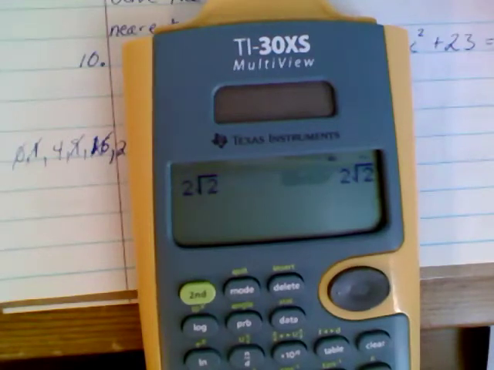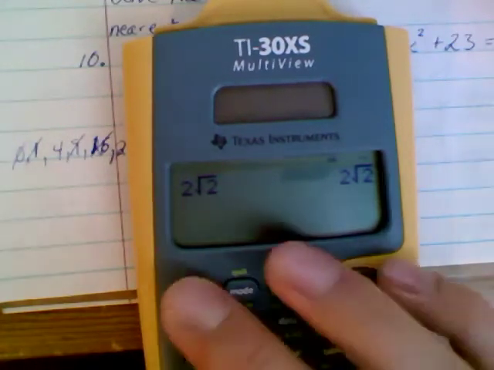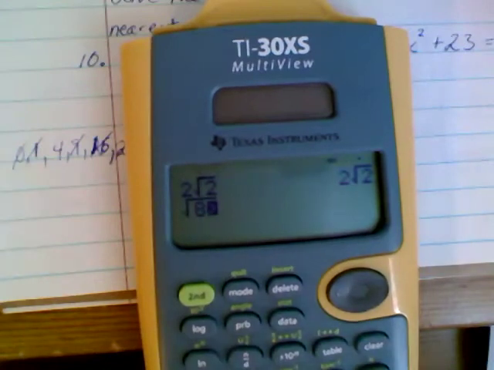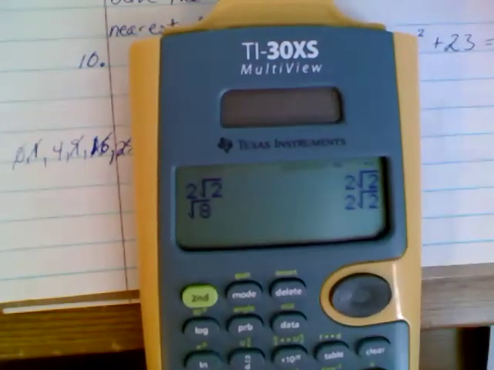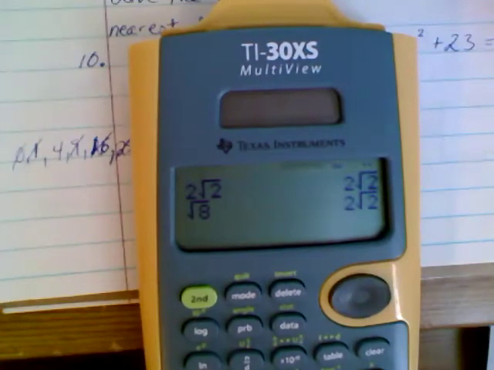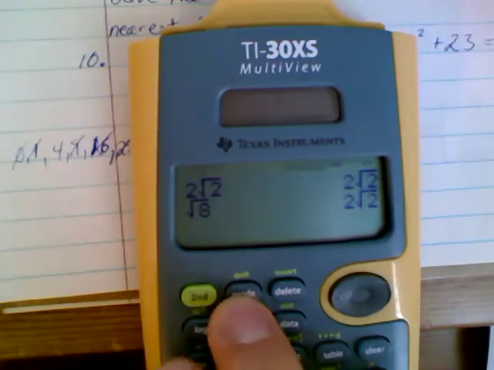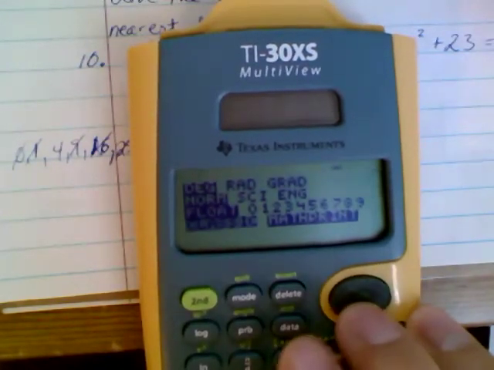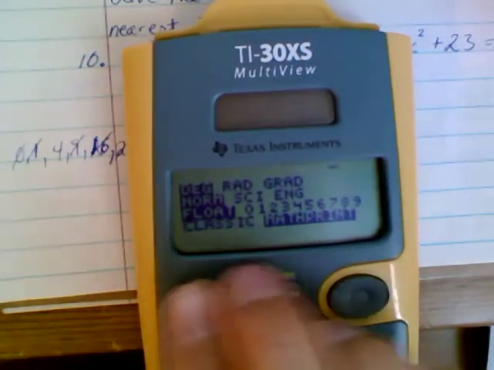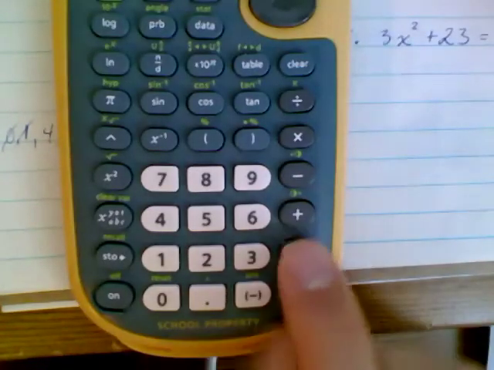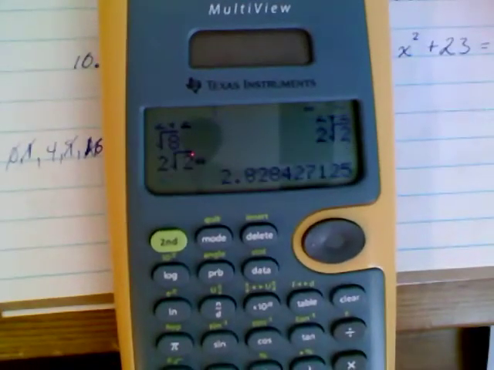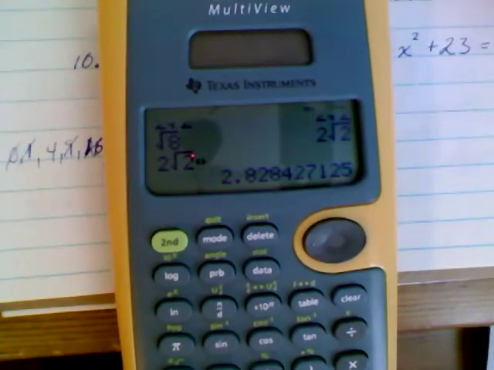You see how it just told you the answer. Even if you typed in the square root of 8, it actually simplifies it for you because this is the TI-30XS MultiView. It allows for a MathPrint kind of mode. I think all you do is push this button here, and that's going to give you the decimal. Yeah, absolutely. There it is.